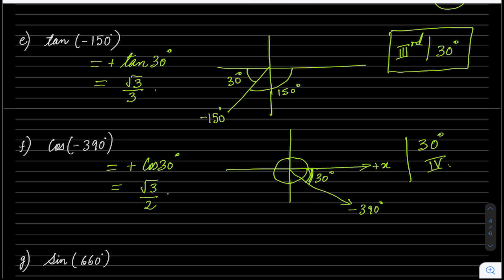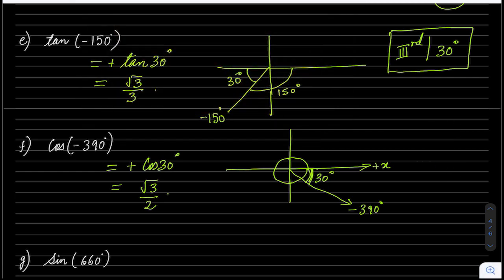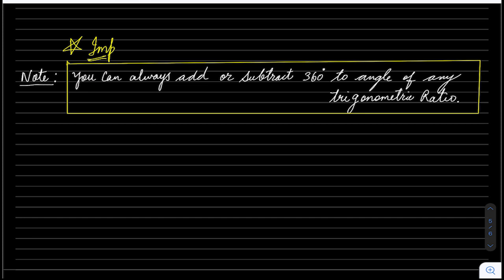That's one way. Second way, I sometimes find second way very easy. Now, what's the second way? Second way of solving this is, for every angle, whether it's sine, cosine, tangent, or some other trigonometric ratio, you can always add or subtract 360 degrees to any angle of any trigonometric ratio, and it will not change the value. Because once you go 360, then you reach the same point again, because we are moving in a sort of circle, right?